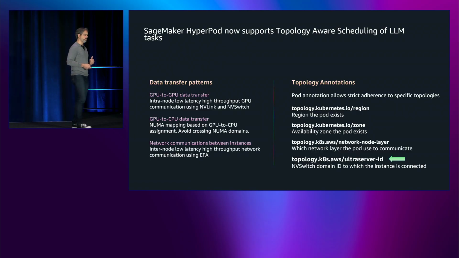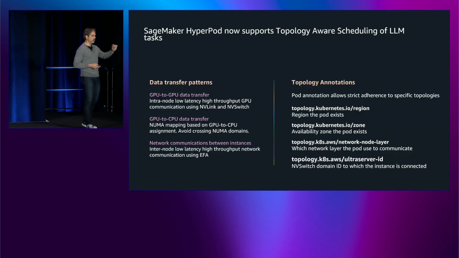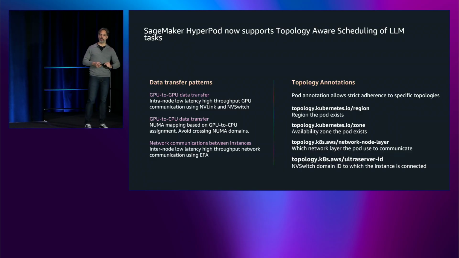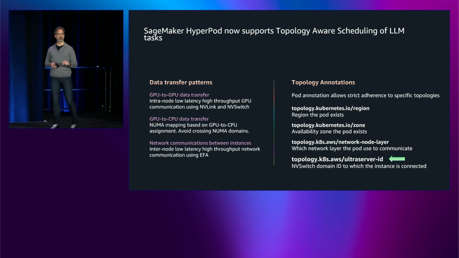On the UltraServer example specifically, we have that UltraServer ID annotation, which you have to put on your container definition. And we're going to see during the demonstration how, even though you're not a Kubernetes expert, you can use that because we have some tools that help you remove that undifferentiated heavy lifting.